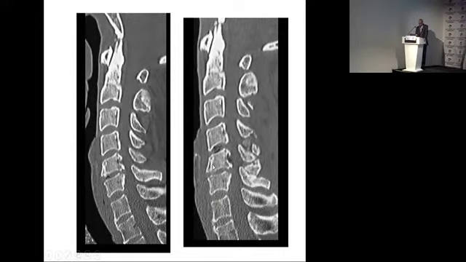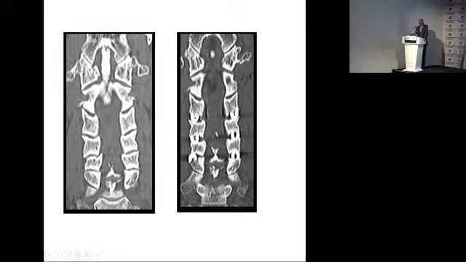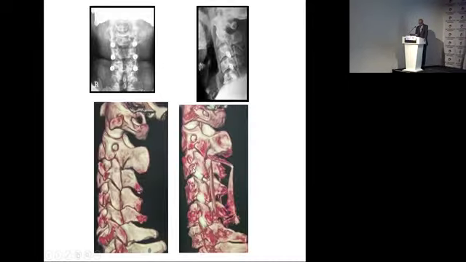So these are some of the cases, and we have got several cases of this kind. You see the multiple introduction, and this is immediate postoperative period. You can see the facetal spacers inside and bone graft.